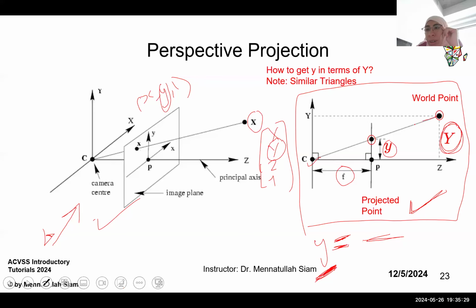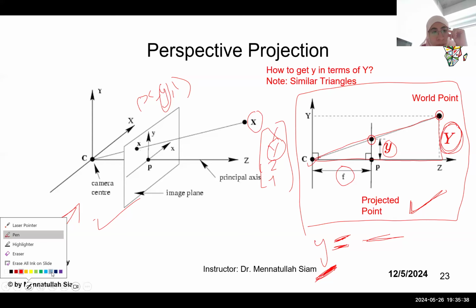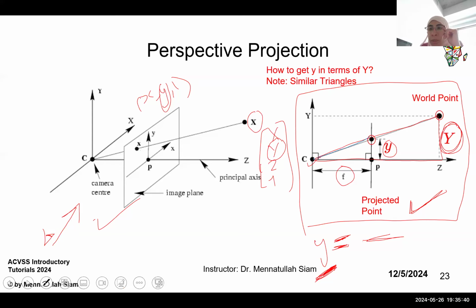So I have here the big triangle. And let me change color. And I have here the small triangle. So what do you think would be the ratios in this case? These are similar triangles.